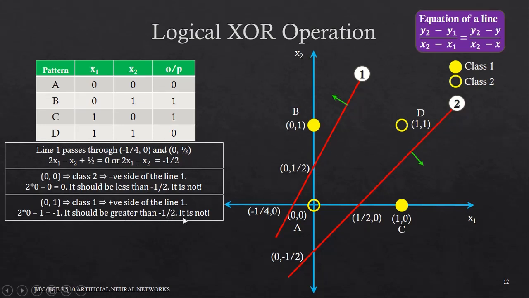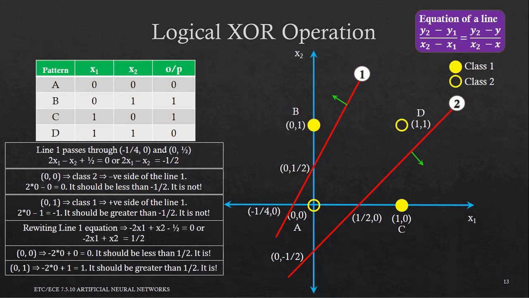It is not. That means the equation needs to be rewritten. It should be written as -2x1 + x2 - 1/2 = 0, or -2x1 + x2 = 1/2. The equation of the line is the same, but the weights have changed.